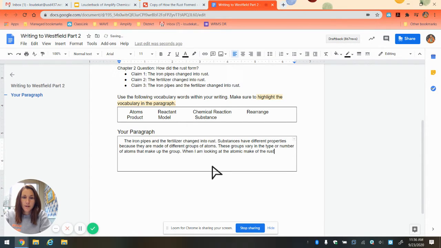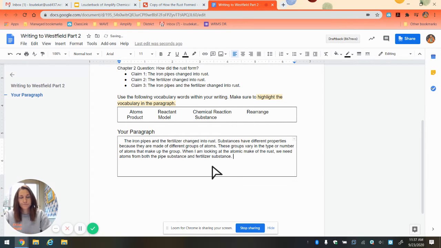of the rust, comma, we need atoms from both the pipe substance and fertilizer substance. Right?